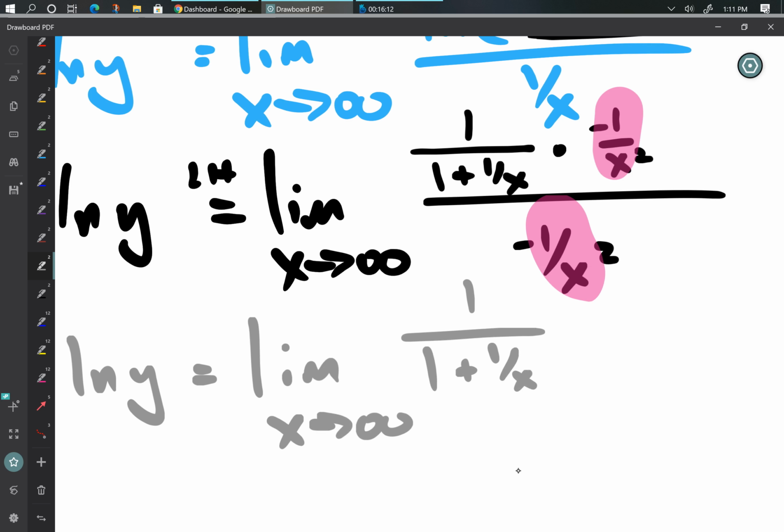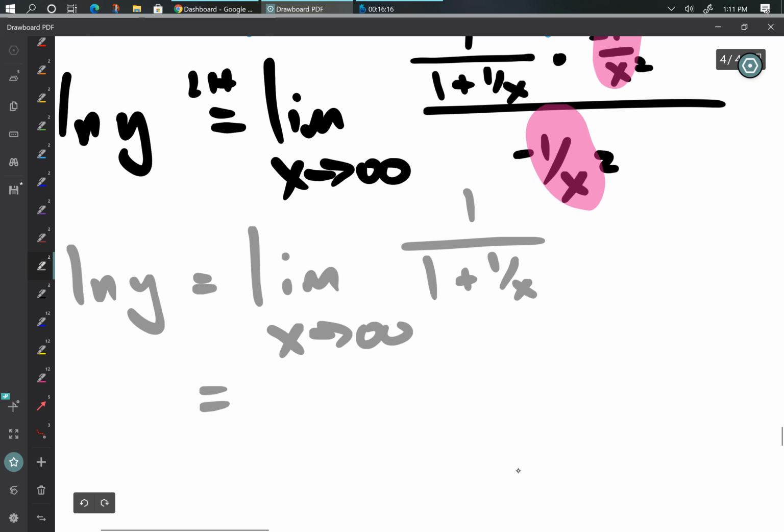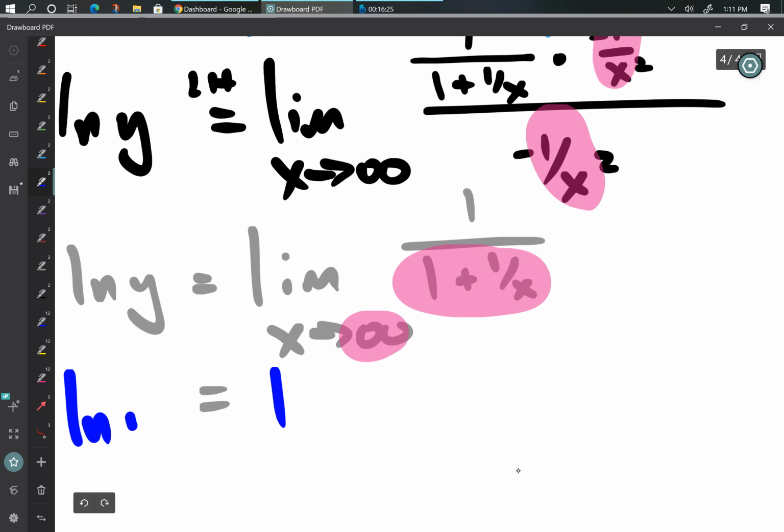And now I'll attempt to evaluate that limit. I know that this denominator, 1 plus 1 over x, as x approaches infinity ends up being equal to 1, so I get 1 over 1, and 1 over 1 is 1. Now here's where people make mistakes because they think, oh, the answer is 1. No, the answer isn't 1. The natural log of the answer is 1.